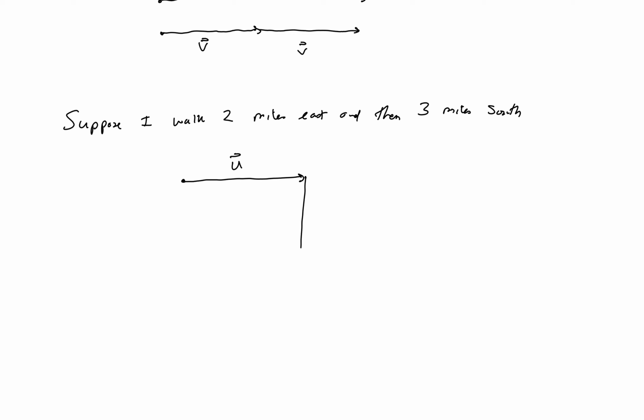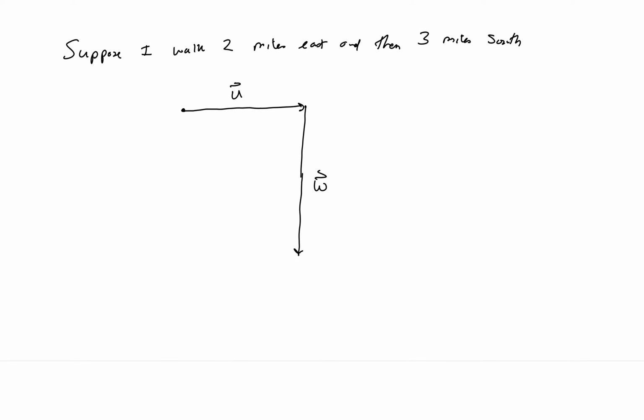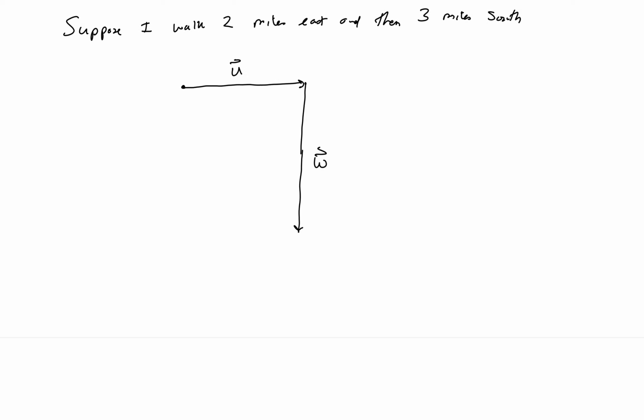Maybe make that a little longer, so call this w. We can position these vectors wherever we want. So I position my south vector at the tip of my u because I'm going to walk east and then south. Then I can connect these vectors to see where I actually walked.